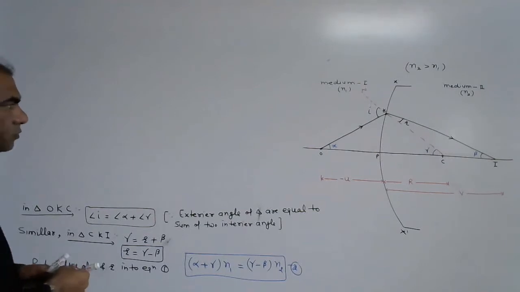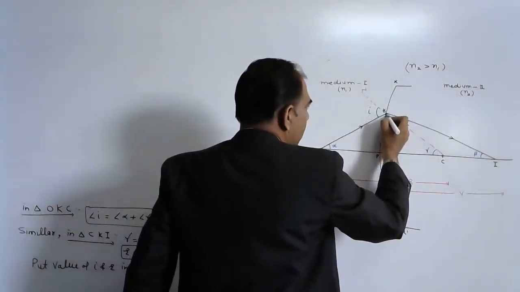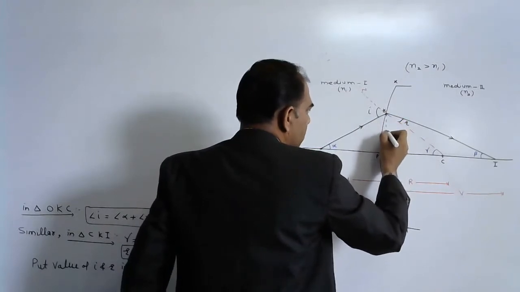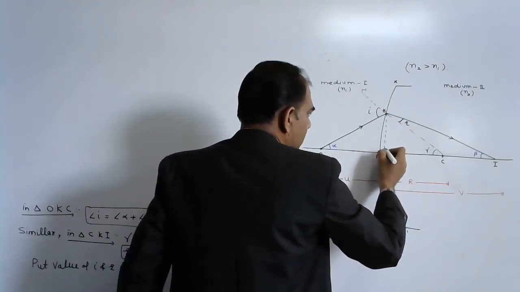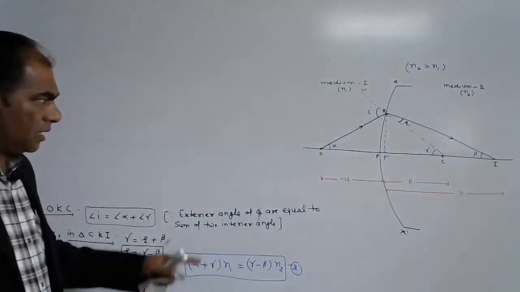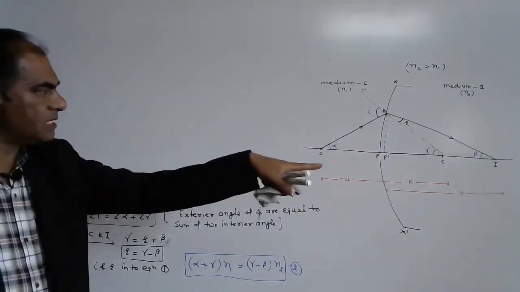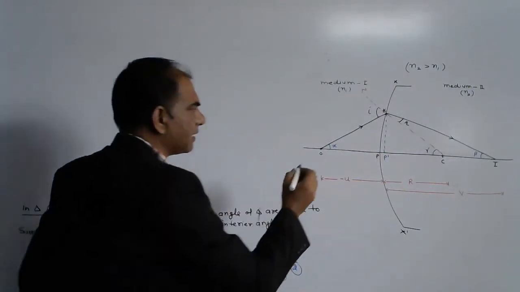So we draw a normal. We draw a normal from K to the principal axis. This is the normal, and this point is P dash. If we draw the normal KP dash on the principal axis, it means that this angle is 90 degrees.